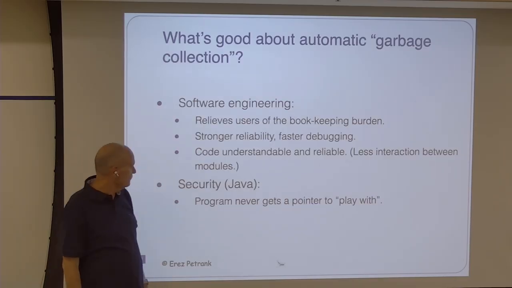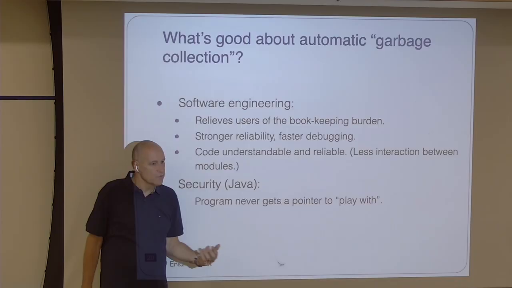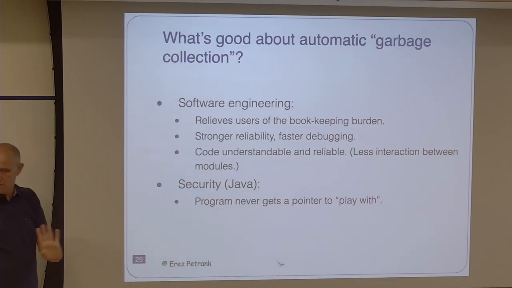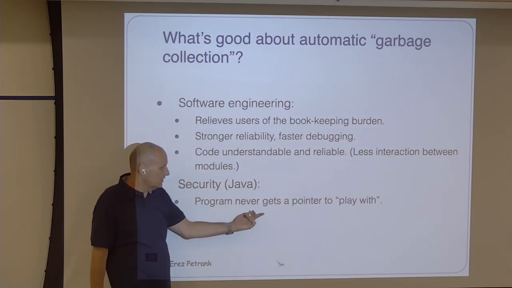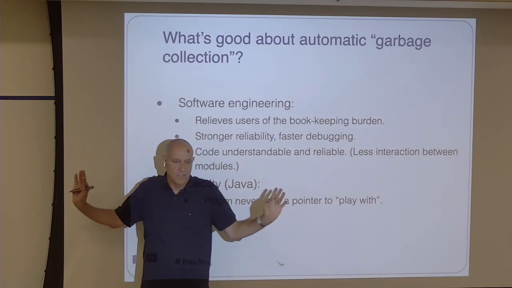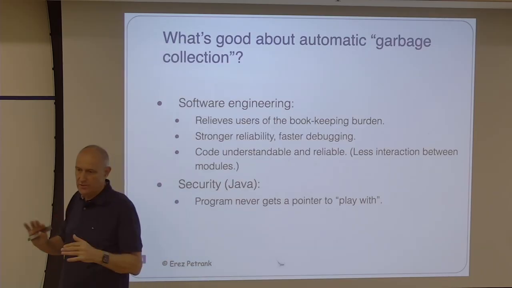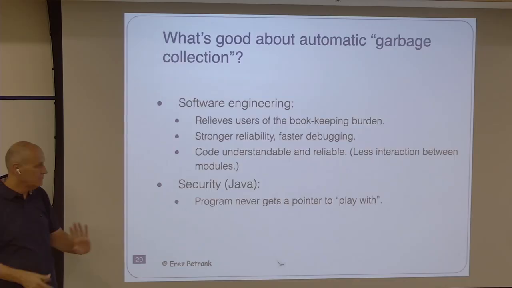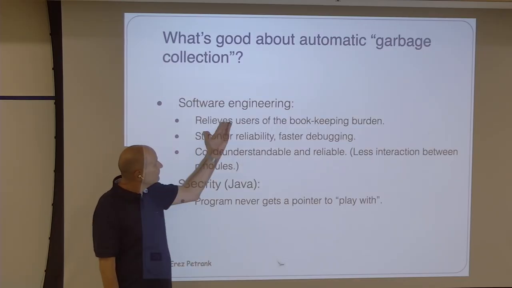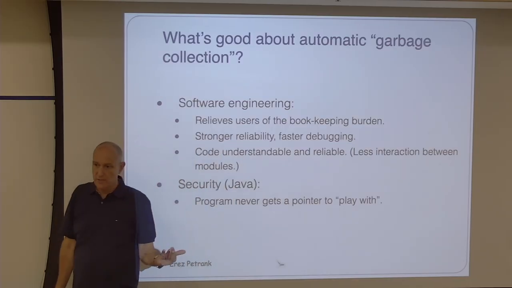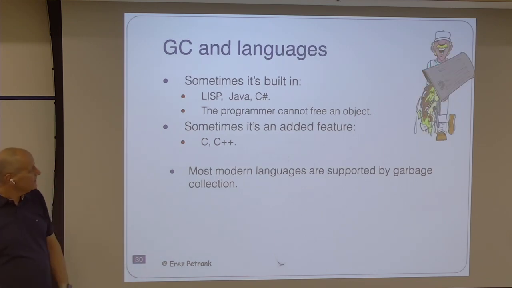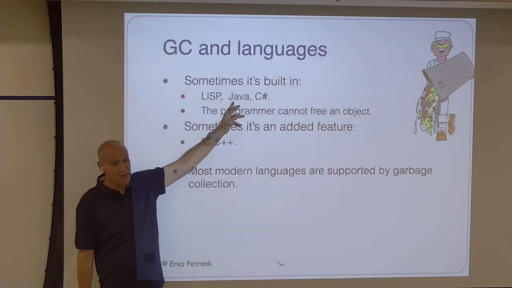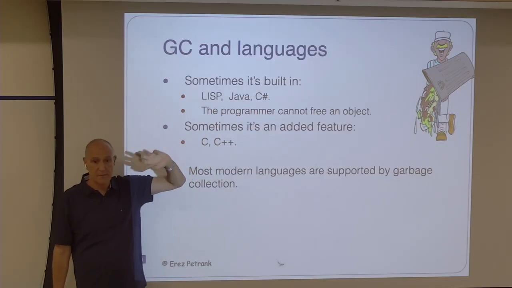So it's very good for software engineering. And in Java, it's also used for security. I never give you a pointer to an object. You just have objects, and you cannot do bad things with pointers, like treat them as different types of objects. So from a software engineering view, this is really a good thing. And with languages, sometimes it's built in, like Java, C#, Lisp, Python.